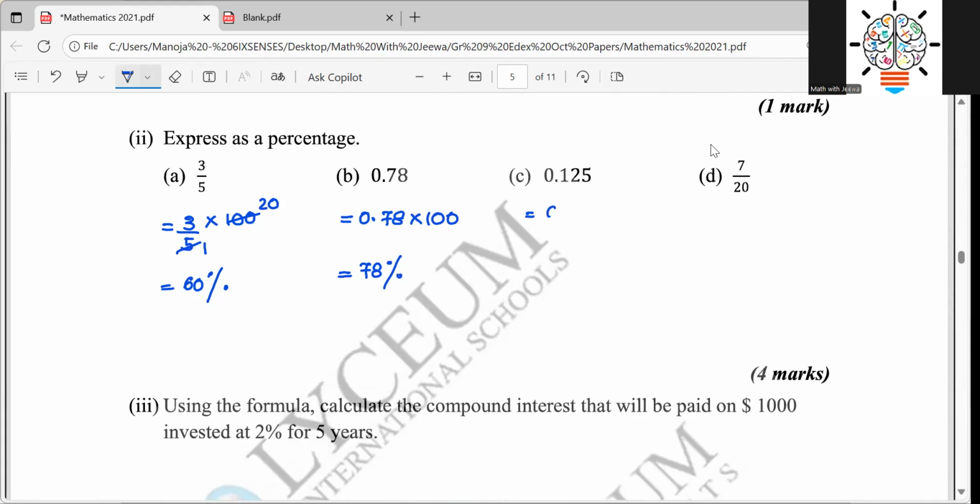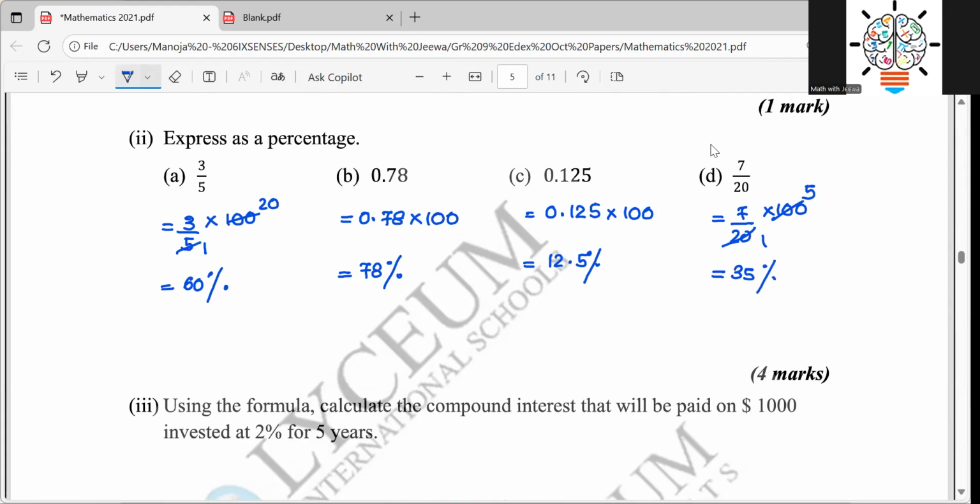So then here 0.125 multiplied by 100. So then it gives me 12.5%. Okay. And then the next one, if you have 7/20 multiplied by 100, 20 times 1, 20 times 5, 5 times 7, 35%.